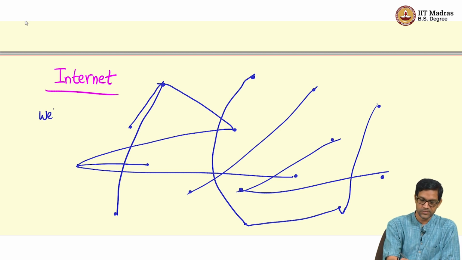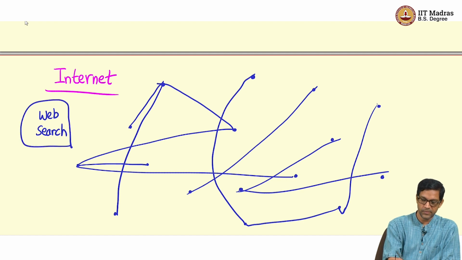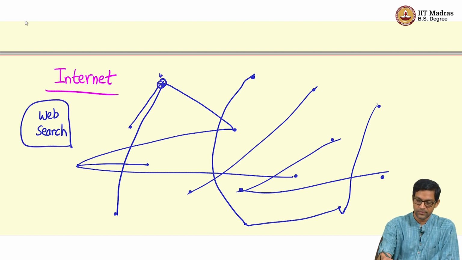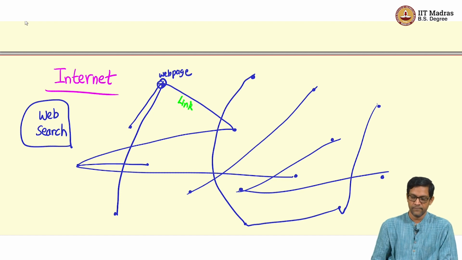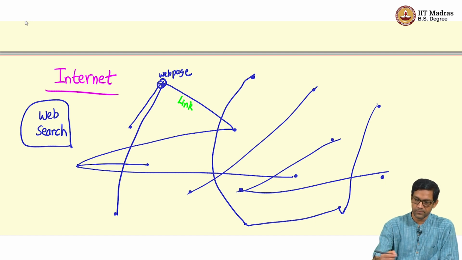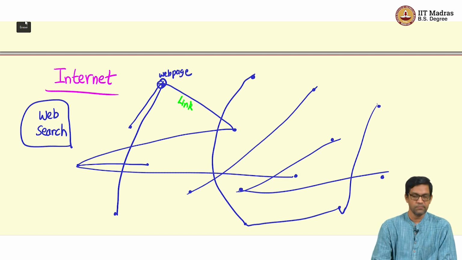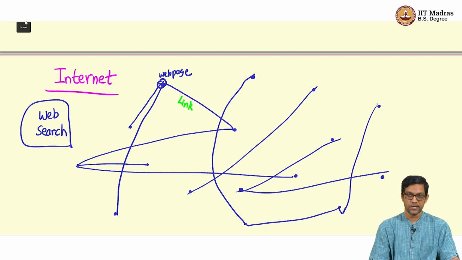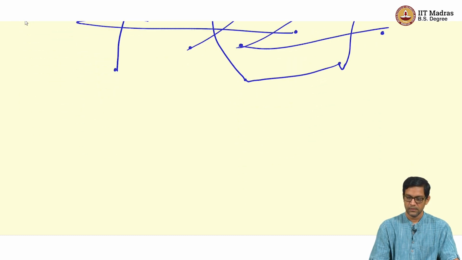So web search, for example, is largely built on this particular model of thinking of each web page as a vertex and each link pointing from one to the other as an edge of the graph. So these are all very important practical applications of graphs themselves. What we will consider are some nice mathematical aspects of this structure of graphs and answer some simple questions about graphs, for example, about paths and connectedness and so on.